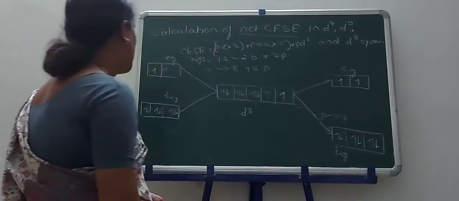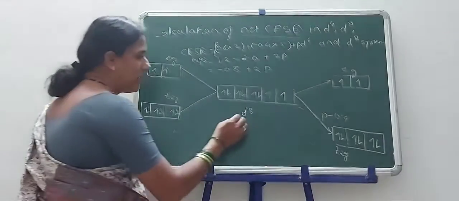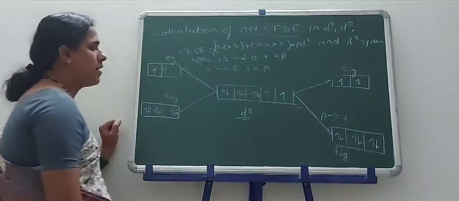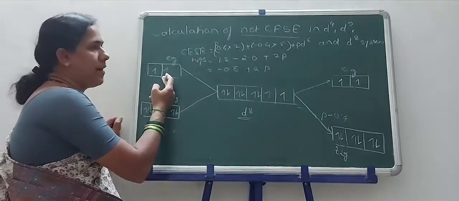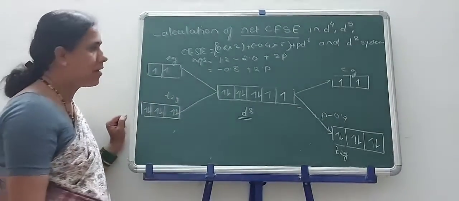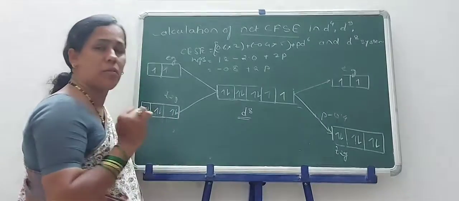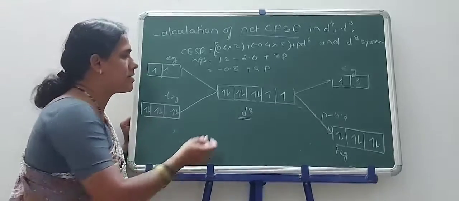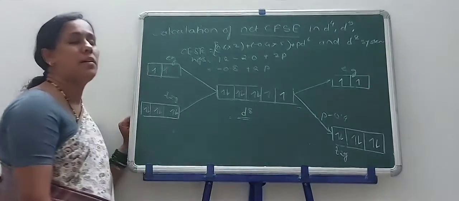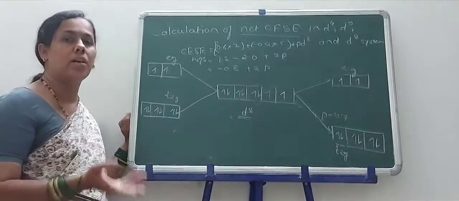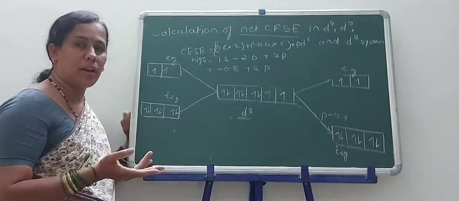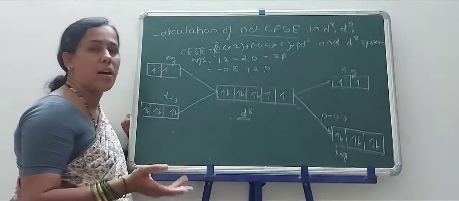Okay, now here, see here, the case in which D8, D9 and also D10. What is the electronic configuration here? From the D8 configuration, we can easily say that the same configuration exists for D8 for high spin, D8 for low spin, D9 for high spin and low spin, and D10 for high spin and low spin.